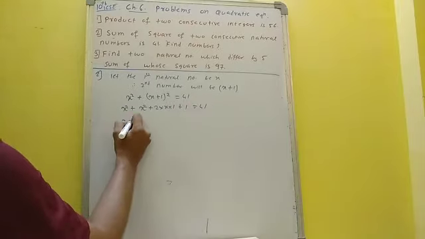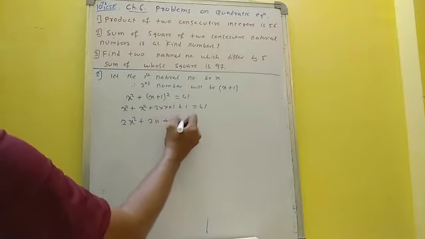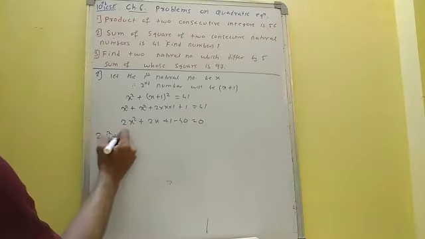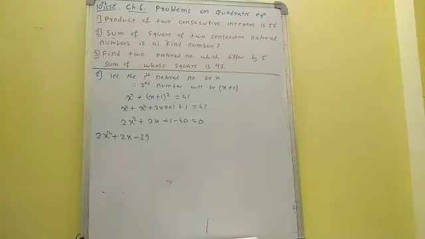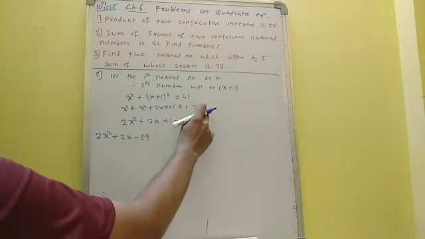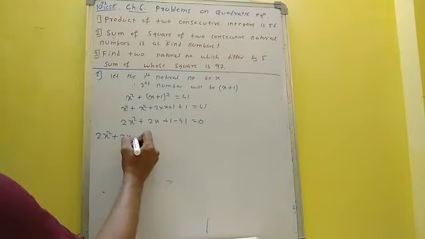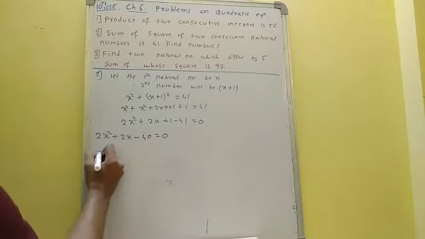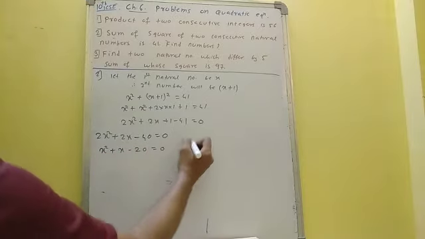So x square plus x square, I have 2x square, 2x into 1, 2x, plus 1, minus 41 will come, so plus 1 minus 41 is minus 40 is equal to 0. Then I will divide it by 2. I will get x square plus x minus 20 is equal to 0.